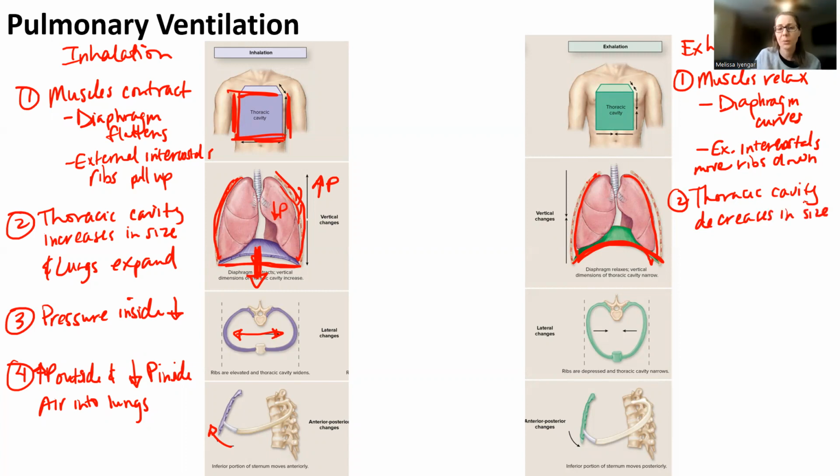So now we talk about volume. I think it's easier to just talk about area and size. So as the thoracic cavity decreases in size and the lungs are going to actually be filled, essentially what's going to happen is pressure increases. Right? Just think about how pressure is going to increase.